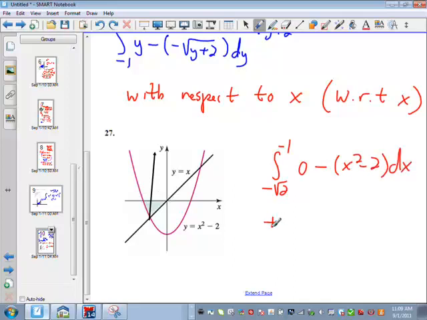And then plus the integral from -1 to 0 of, which one's bigger now? It's still 0 minus x dx. Actually, that one is easier, I think, to do. Is that okay? So that's what it would be with respect to x.